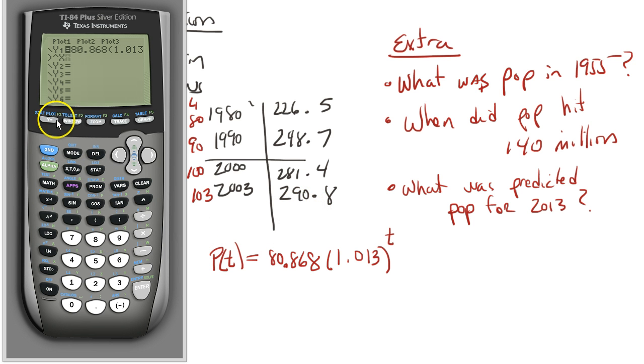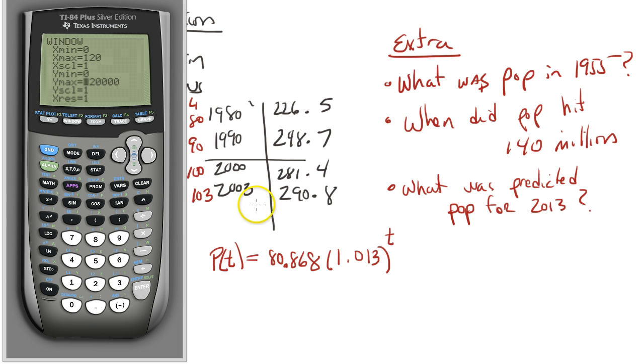So let's go to window. My x has to be at least 103, and 2013 would be 113, so let's say 120. That'd be 2020. And the population has to go to like 290.8. I could look at the table and see what the number is.